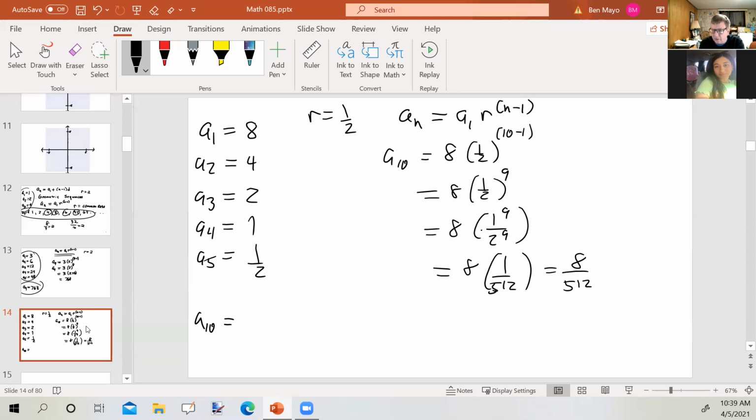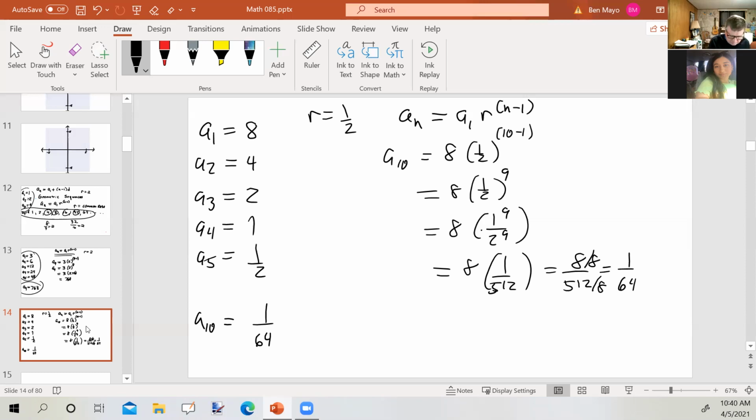Well, since 2 to the 9th power is 2 times 2 times 2 times 2, etc., 8 is going to be a factor of that. So if I divide the top by 8, I get 1. If I take 512 divided by 8, I get 64. So final answer, a sub 10 is 1 over 64. Any questions on how I did that?